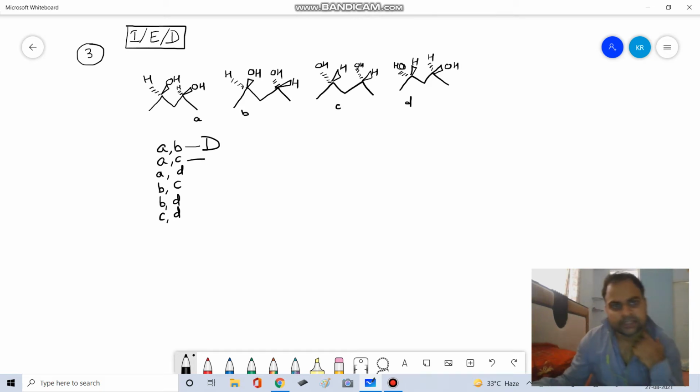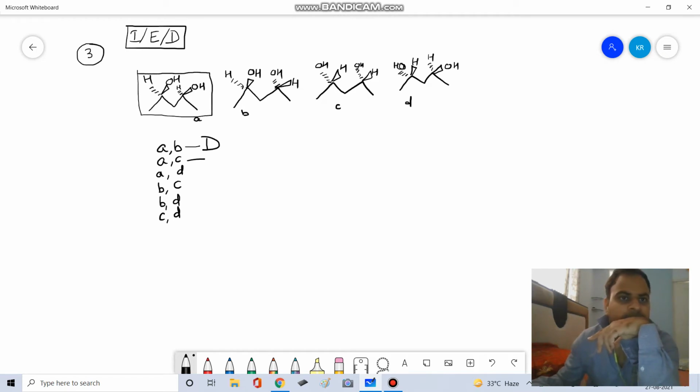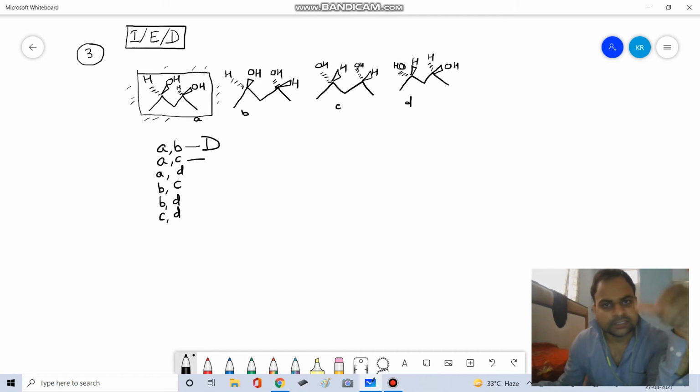Similarly, A and C. Suppose you see they are mirror images. Many times I told you where I can put the mirror. I am not putting the mirror in the plane of the screen; I am putting it outside the plane, either out of the plane or inside the plane of the screen.